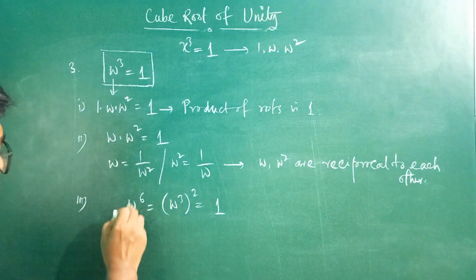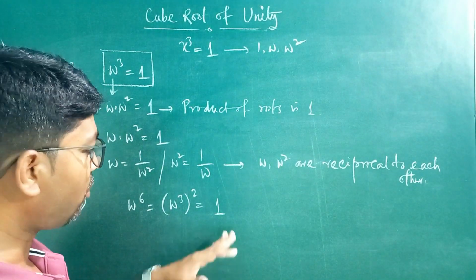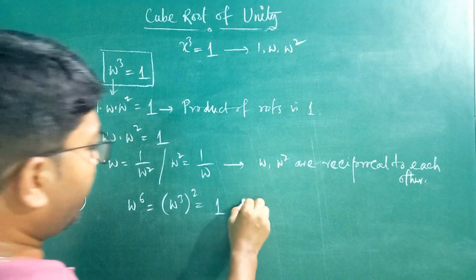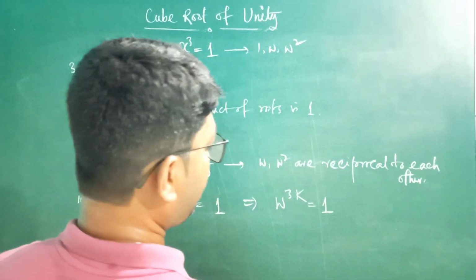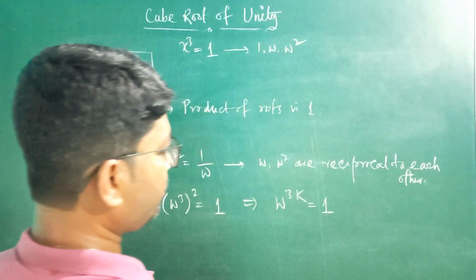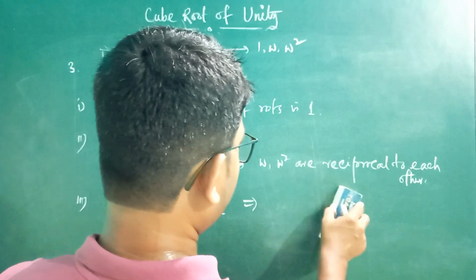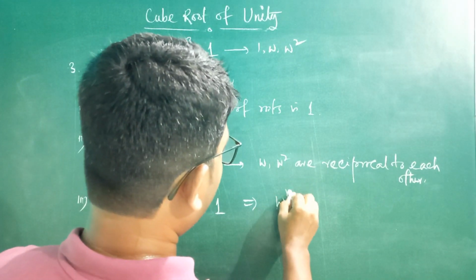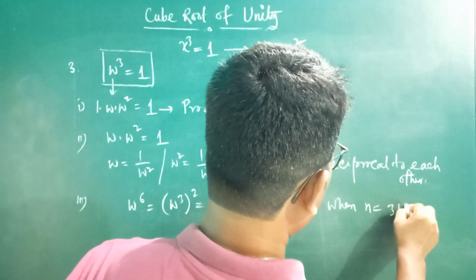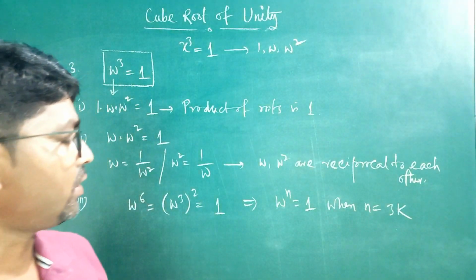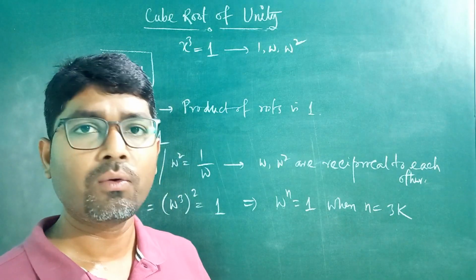That is, if the power of omega is a number which is a multiple of 3, then it is obviously 1. So we can write omega to the power 3k equal to 1. Now, sorry, you write it this way: omega to the power n equal to 1 when n equals 3k. That is, if you can write this n as a multiple of 3, then your result will be 1.